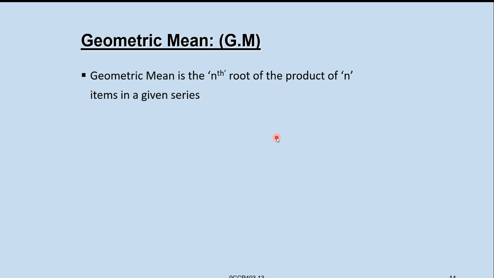Nth root means raised to the power 1 by n. How many numbers we have taken in the data? That numbers we have to take, and then we calculate the geometric mean.